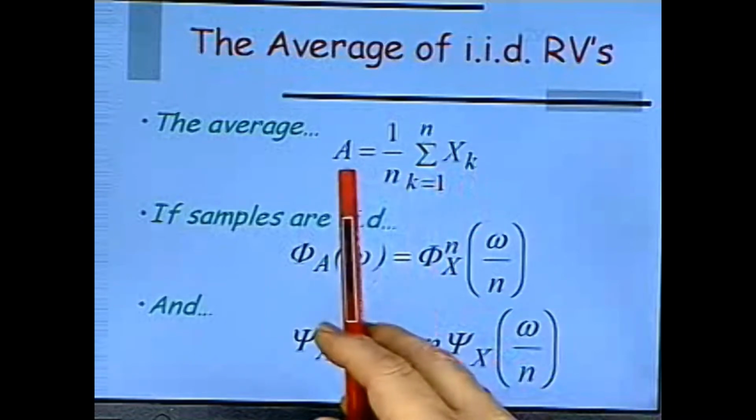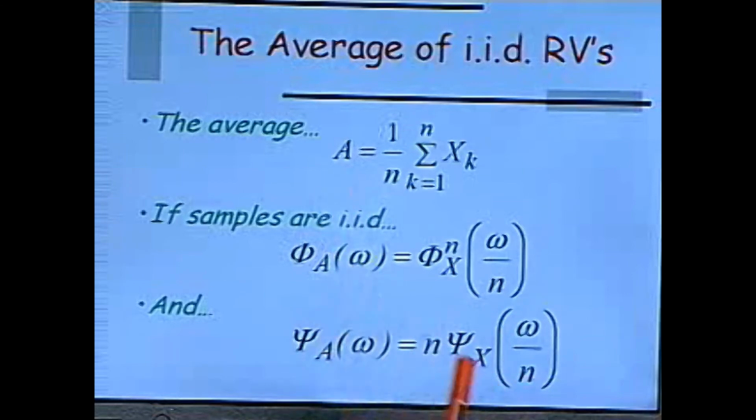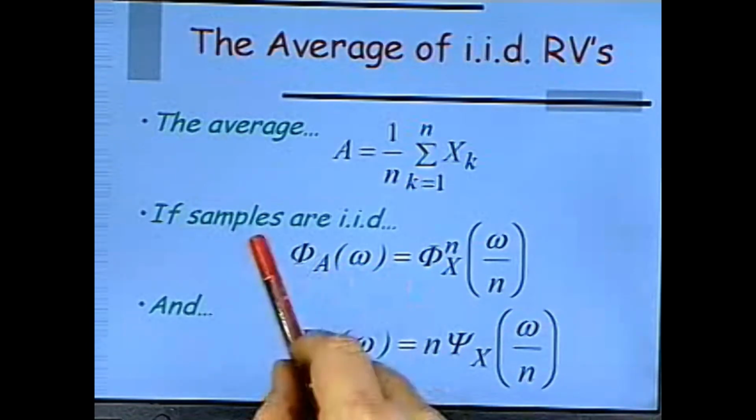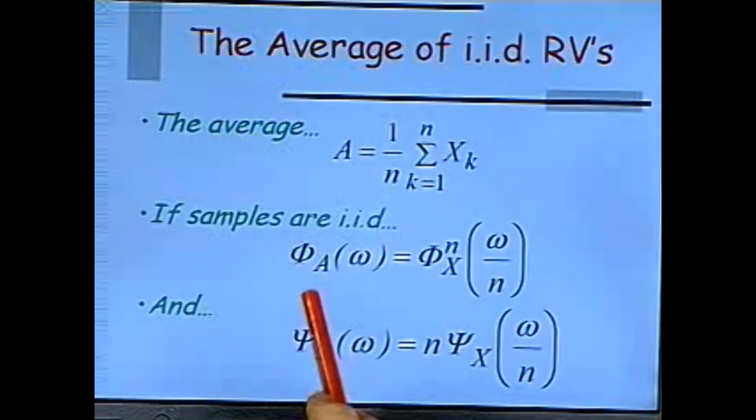Then we will look at the variance of the average, and we will hope to find out that the variance of the average in some way decreases as n increases, so that we can be more and more certain that that average is an estimate of the mean. You follow? Okay, so that's the reason that we have computed, for IID random variables, the characteristic function of the average and the second characteristic function of the average, because it is from these that we will compute the mean and the variance of the average.